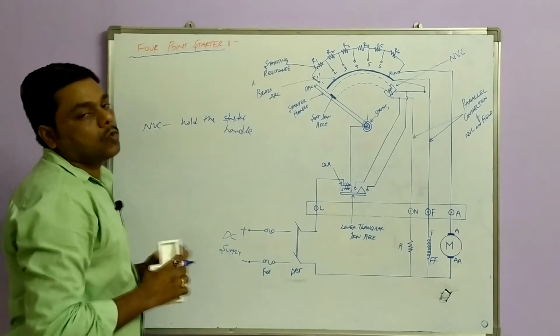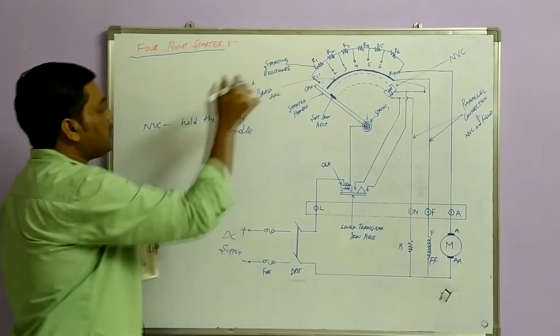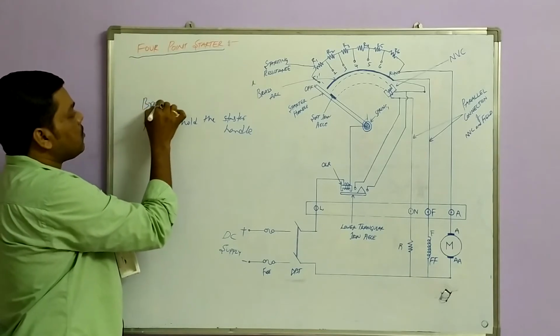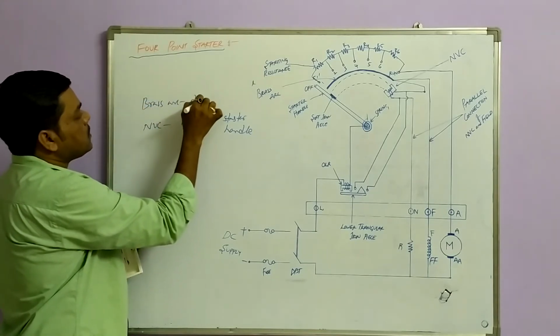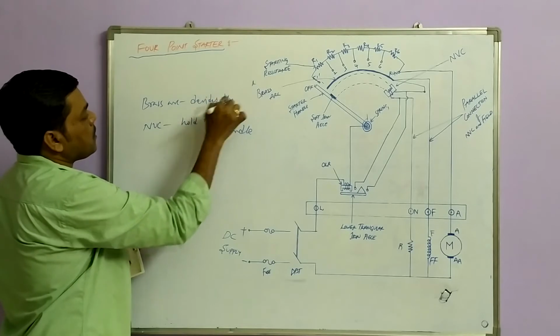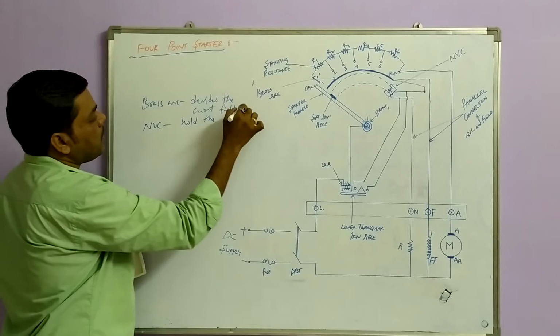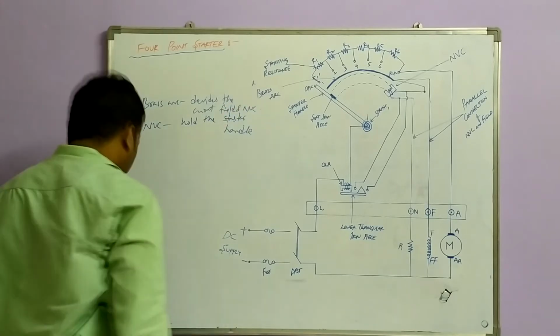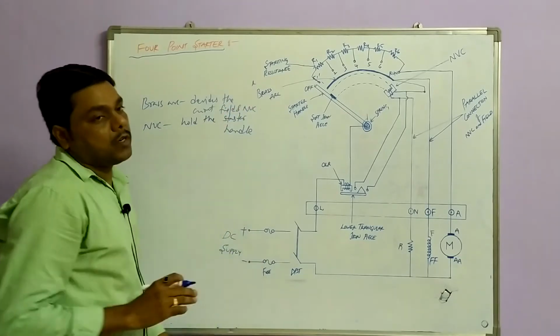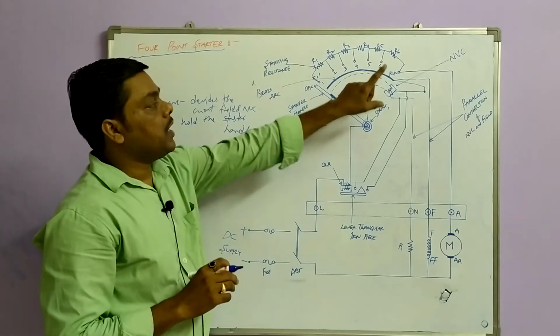Similarly, what is the function of the brass arc? It divides the current between the field and the NVC. So I am just writing the main function of each component.